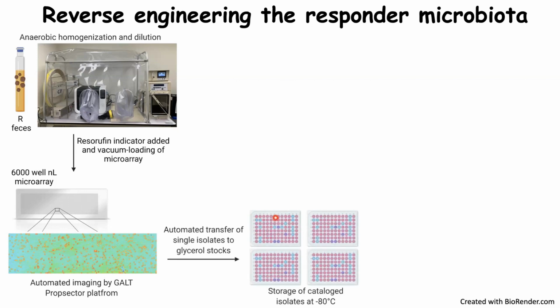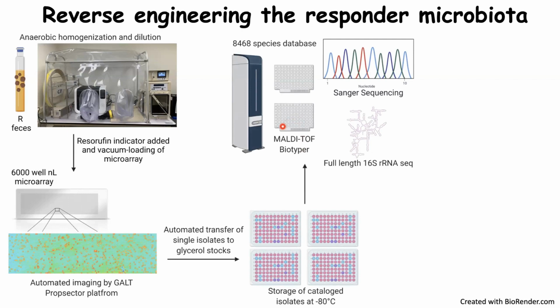Once we have the array, we transfer that into a plate that we could use for identification using the MALDI-TOF Biotyper. Okay, so this is a sophisticated mass spec. And we have a database that could identify the species. And if it's not there in the database, then we sequence the entire 16S gene of the bacteria by Sanger, so we could have an identification.